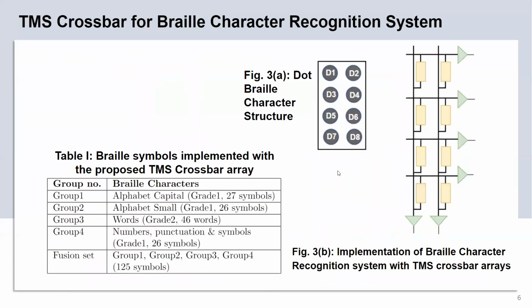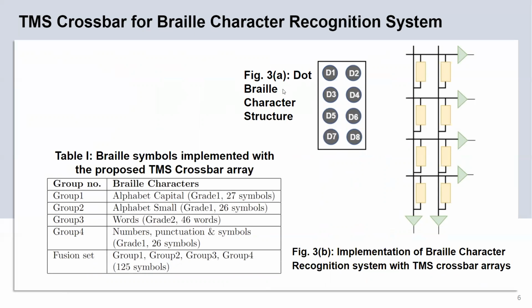So the neural computing capabilities of the TMS crossbars are explained with a Braille character recognition system. The Braille character recognition system consists of a neural sensory patch and neural computing capabilities.